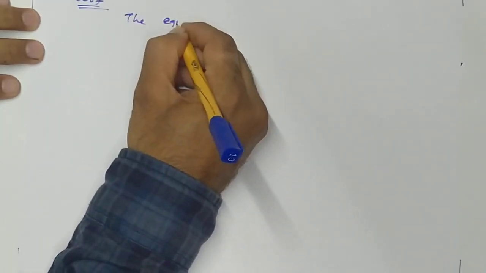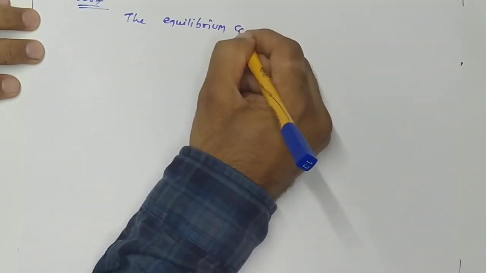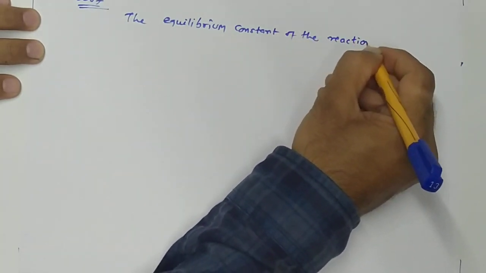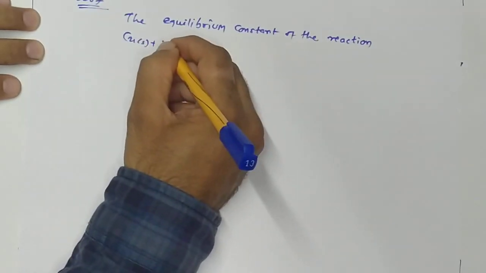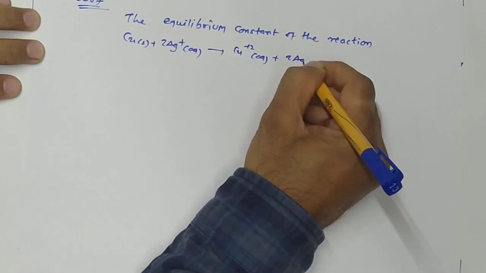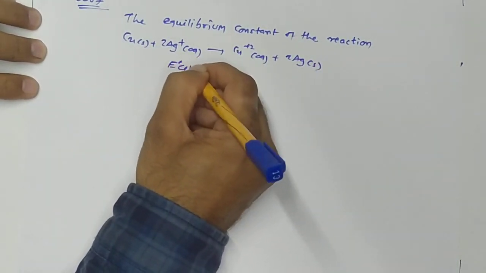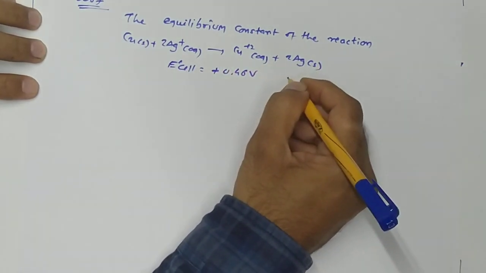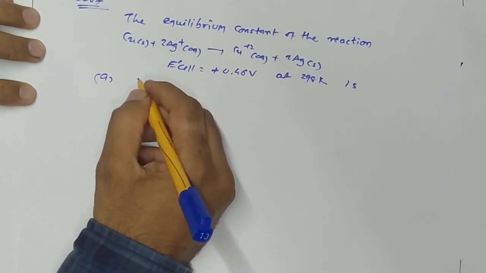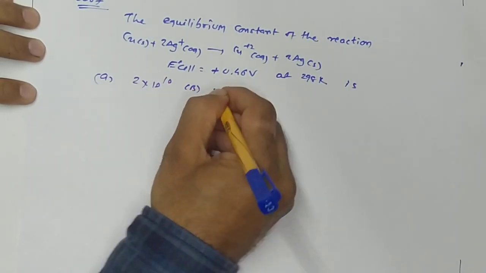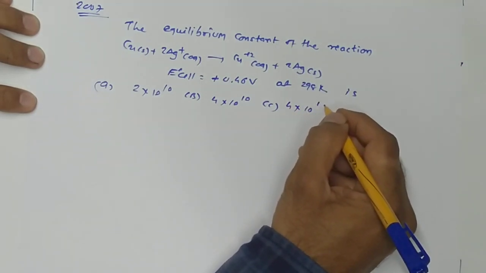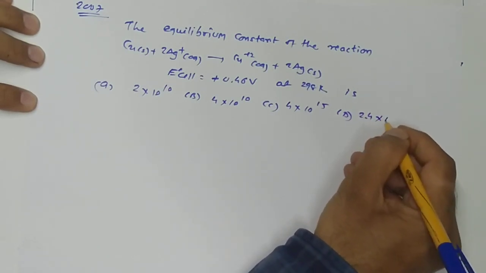The equilibrium constant of the reaction Cu(s) + 2Ag+(aq) gives Cu2+(aq) + 2Ag(s), where E° cell is plus 0.46 volt at 298 Kelvin, is: options are 2 × 10^10, 4 × 10^10, C, 4 × 10^15, and D, 2.4 × 10^10.